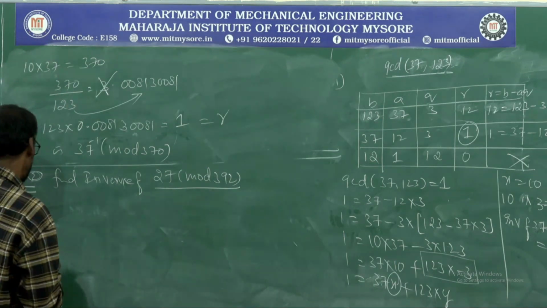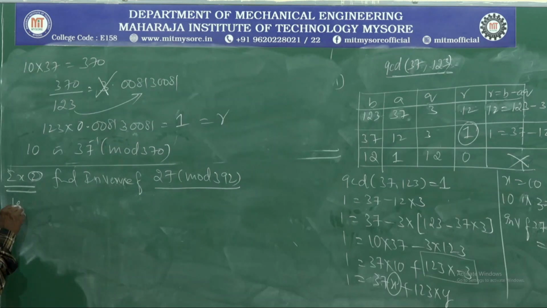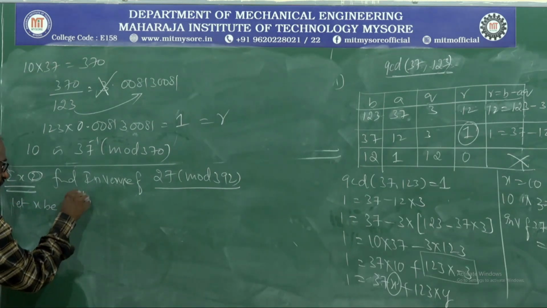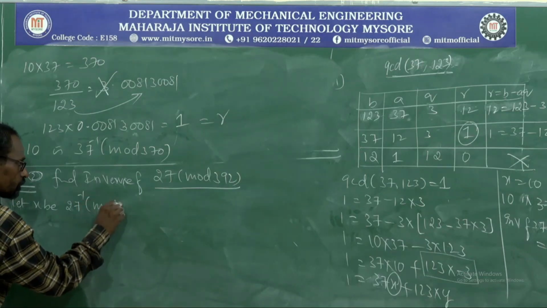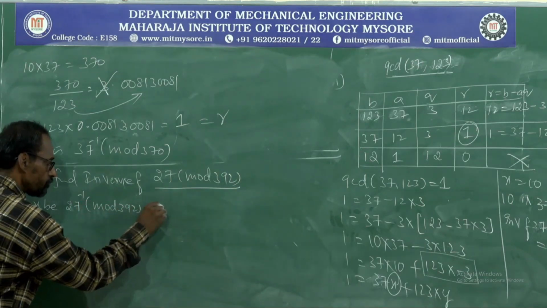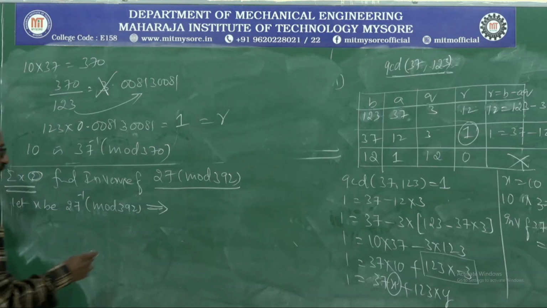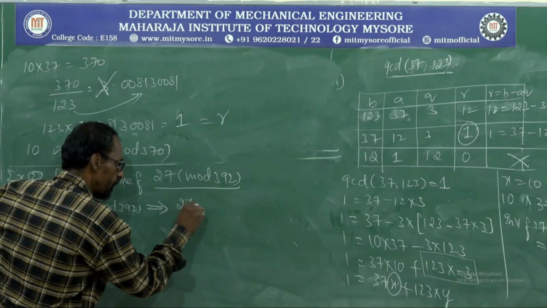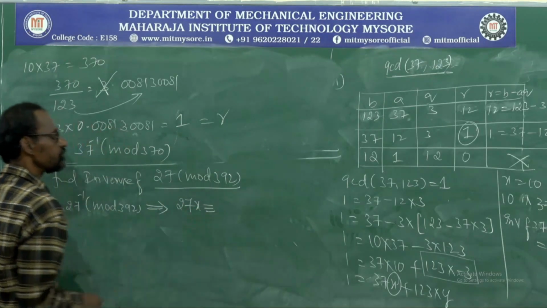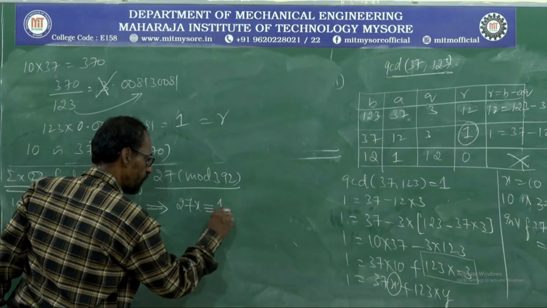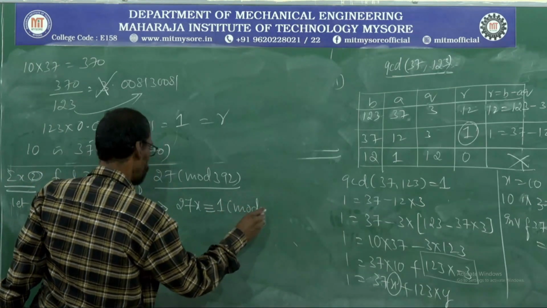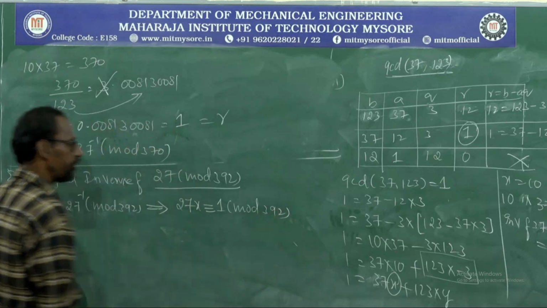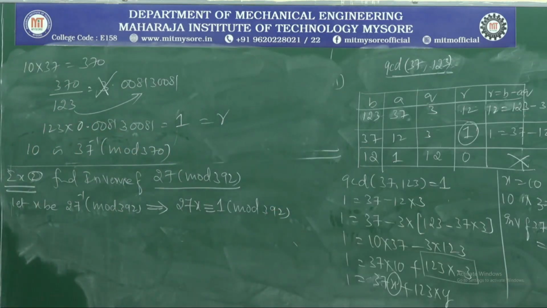We'll do it now. Let x be the 27 inverse mod 392. This implies that when you multiply 27 by x, I should get the remainder 1 under modulo 392. Now what is the procedure?